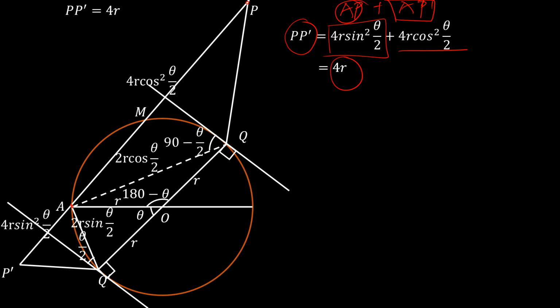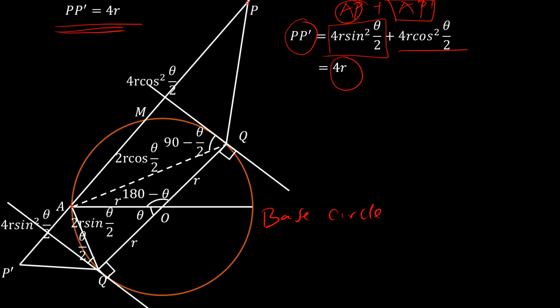So that is point number 1. We have shown that PP prime is equal to 4r, and that is 4 times the radius of the base circle.